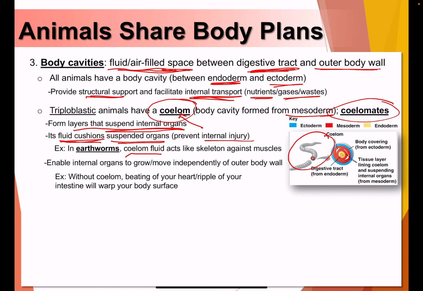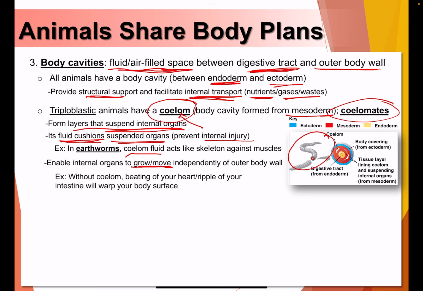Now, they also enable internal organs to grow and move independently of your outer body wall. What do we mean by that? Well, without your coelom, the beating of your heart and the ripple of your intestine would warp your body surface every time they move. Imagine if you didn't have any body cavity surrounding your heart; there's actually a pericardial cavity that allows your heart to sit in that particular location.